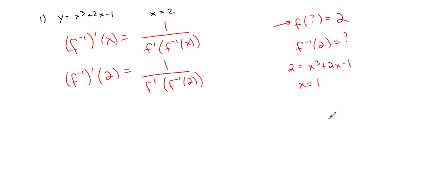That'll work. So f inverse of 2 equals 1. So find the derivative and evaluate the derivative at 1 then. Okay, the derivative would be y prime equals 3x squared plus 2. Y prime of 1, 5. So the derivative of the inverse at x equals 2 is 1/5.